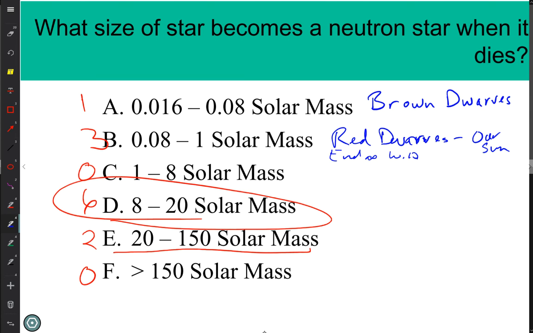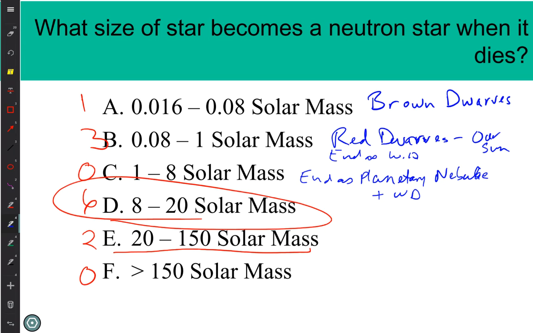1 to 8 are larger. They will end up as planetary nebulae plus a white dwarf. So that's why there was the divider there at 1. So 0.08 to 8, they all end up as white dwarfs, but it's if it has a planetary nebula or not.